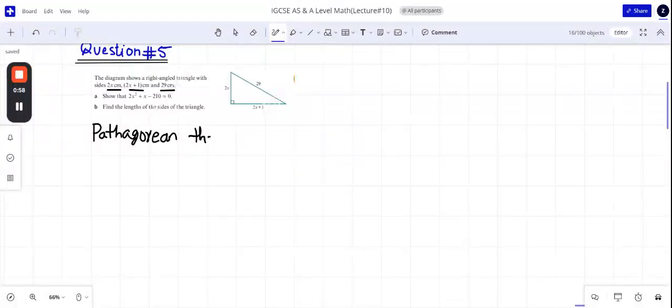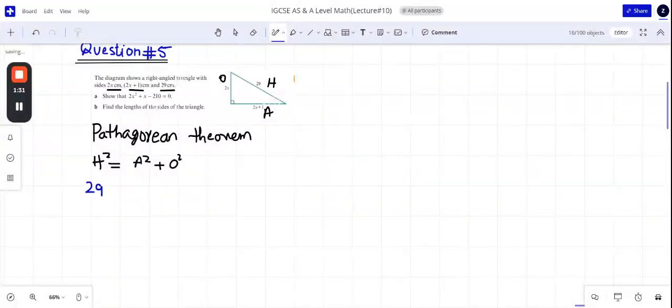The hypotenuse is the longer side of the triangle, so h squared equals adjacent squared plus opposite squared. This is the adjacent side, this is the opposite, and this is the hypotenuse, which is given as 29.